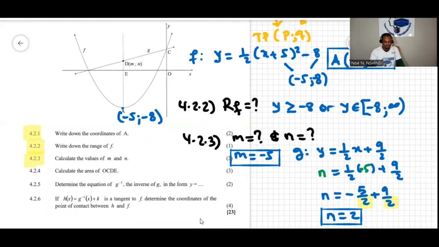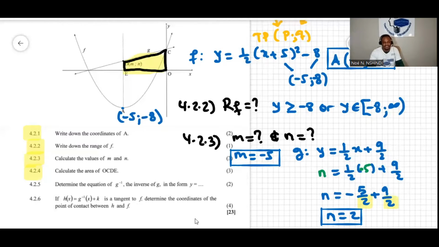Now, the following question is question 4.2.4. The question says calculate the area of OCDE. Let's see what area that is. So we need to calculate the area in here.